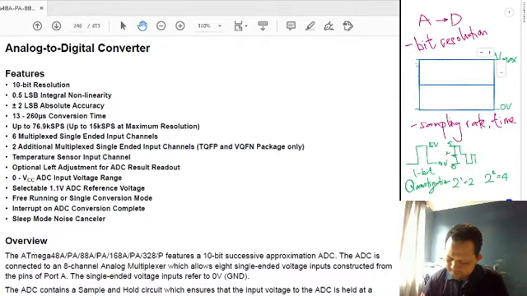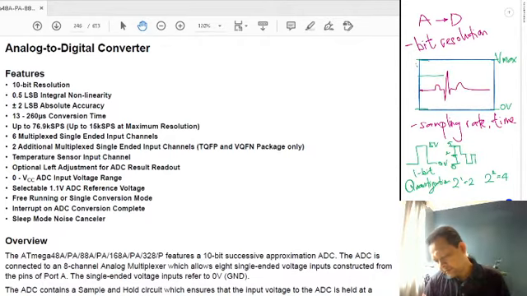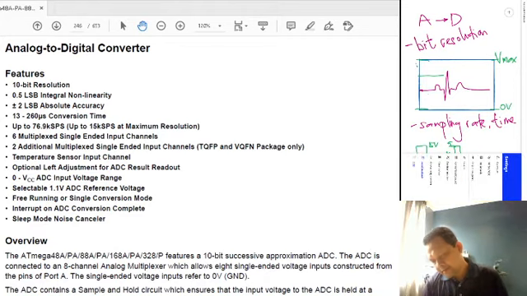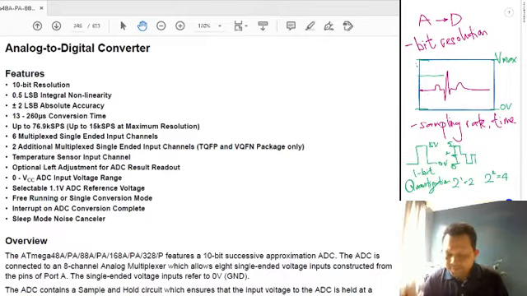So this is one level, and then another level. Now we have 4 levels if it is 2 bits.